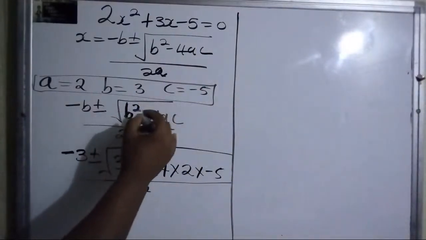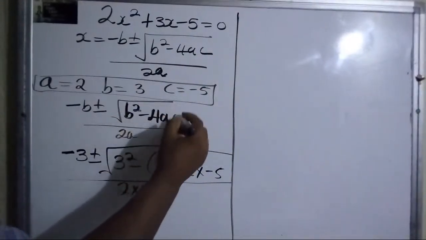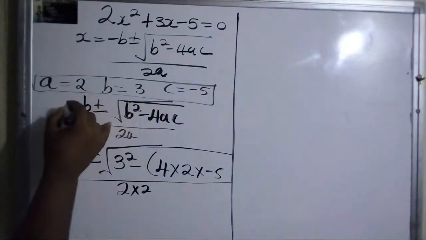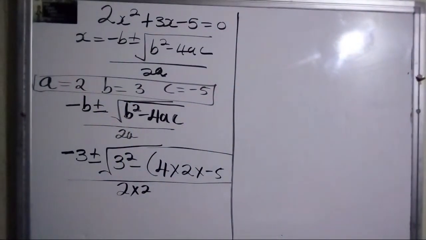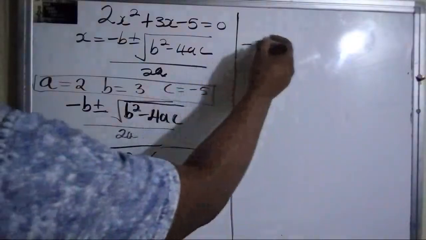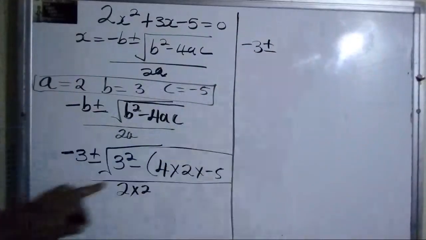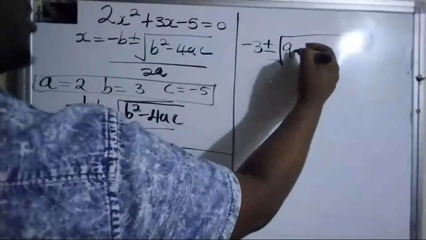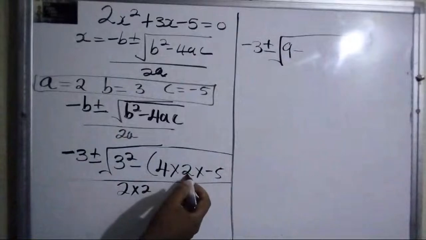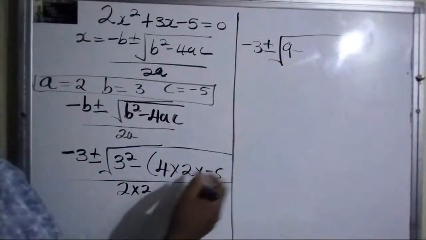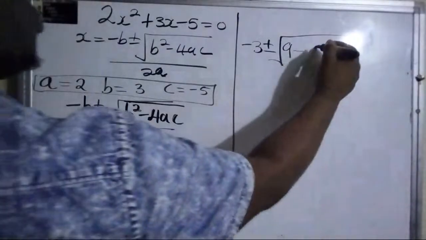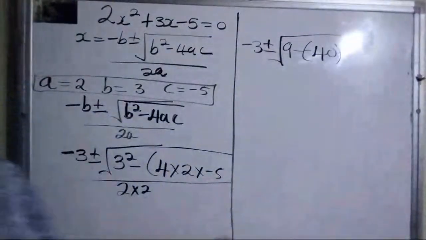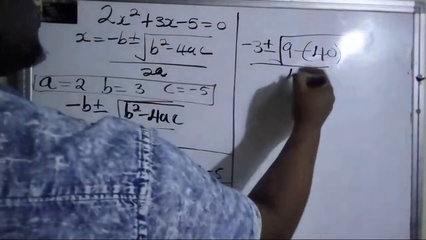So let us see if we can work it out now. Alright, let's go. So minus 3, plus or minus, 3 squared is 9. So we multiply 3 by itself, that gives us 9, minus 4 times 2 is 8, and 5 times 8 is 40. But guess what? It's minus 40, right? And then 2 times 2 is 4.